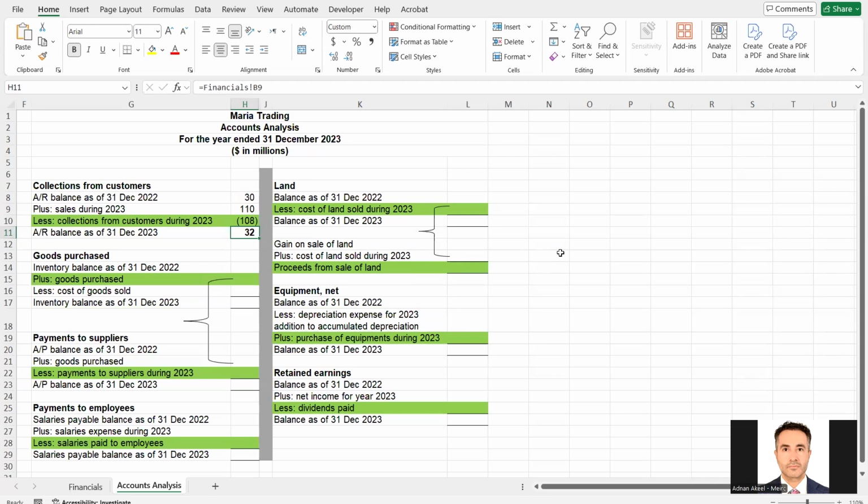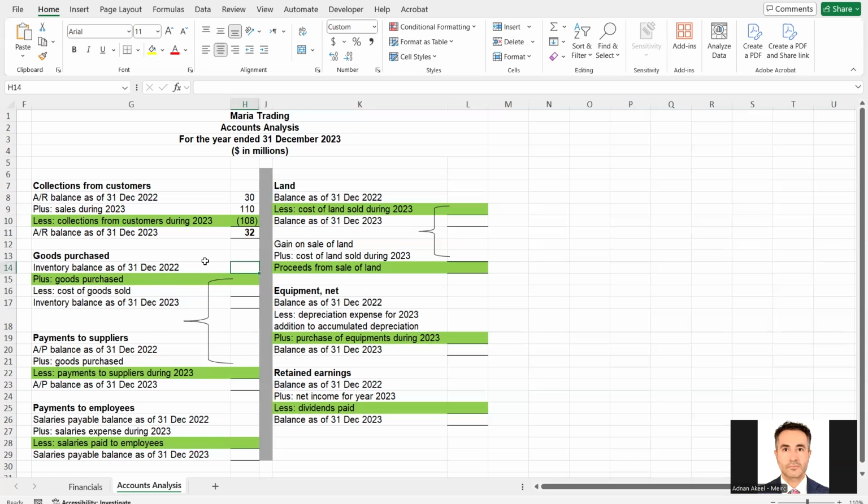Okay, next, I would like to move on to calculating how much I paid to my suppliers. In order to get this number, I need to understand what influences my payments to suppliers. Mainly, it is influenced by the purchases, and the purchases are influenced by the inventory account and the cost of goods sold as well. So I start by calculating, first of all, how much did I purchase?